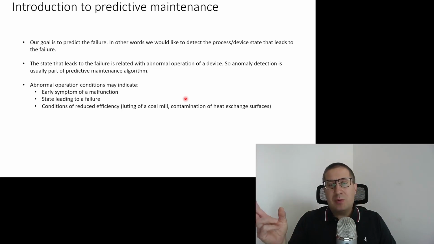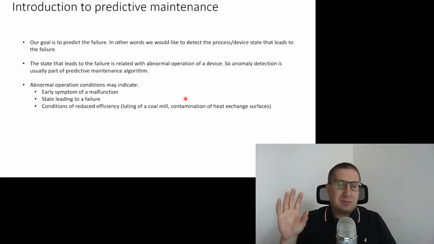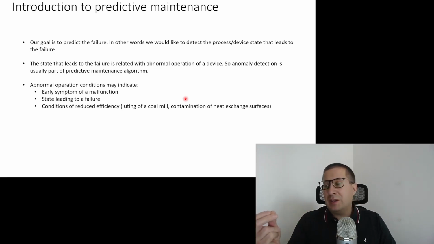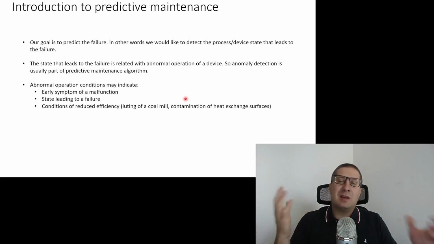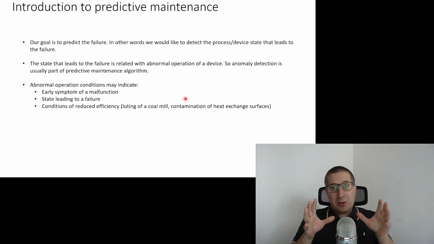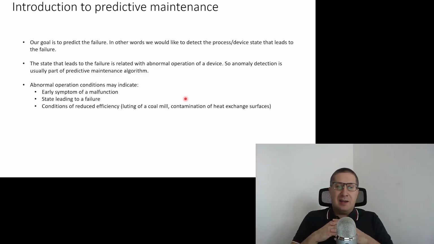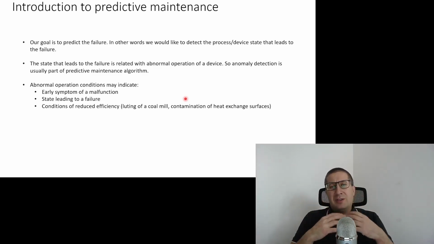The abnormal operation is not always a failure. Of course, it might be related with the early symptoms of a malfunction. It can be related with the state that leads to the failure, but also it can be related with the condition of reduced efficiency.